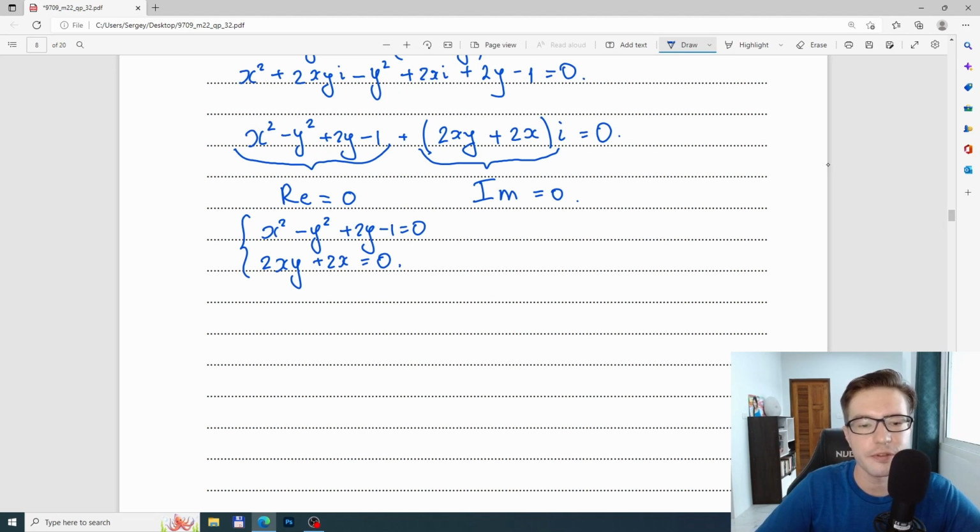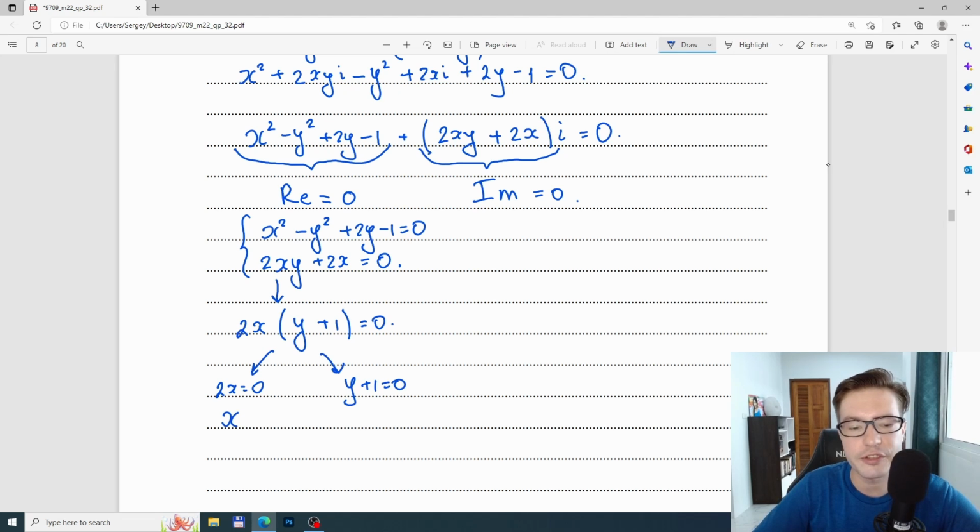And I will start from the second equation. I will factorize and bring 2x outside. I'll get y plus 1 equals to 0. And that splits into 2x equals to 0, or y plus 1 equals to 0. That brings us to x equals to 0, or y equals to negative 1. Now, I'll have to use both cases in the first equation.